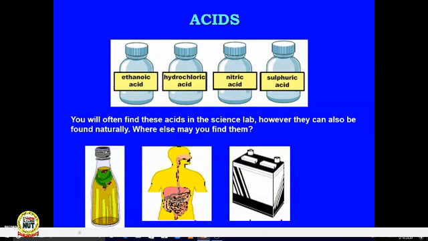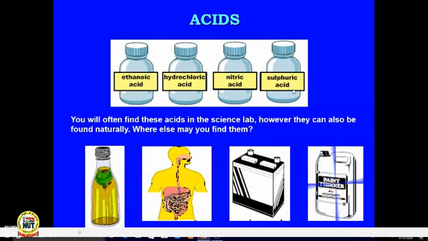How many of you have cars? The battery in the father's car contains what we call nitric acid. Lastly, sulfuric acid can be found in the paint that we use in painting our houses, our cars, and what have you. So all these are natural sources of these acids as well.